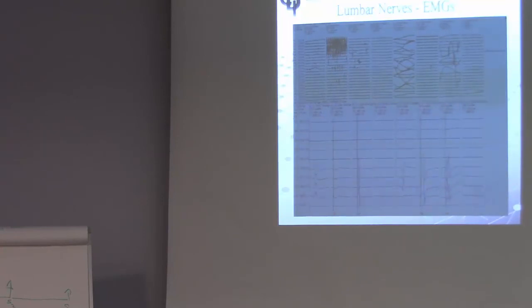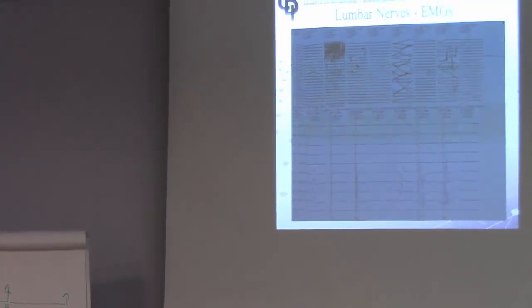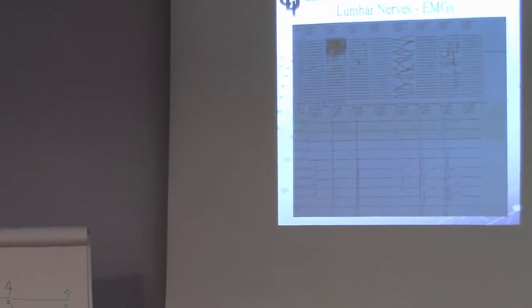The point I was trying to make earlier is these techniques that you apply to cranial nerves for continuous EMG and for compound muscle potentials, the same things apply to spinal nerves, spinal muscles.